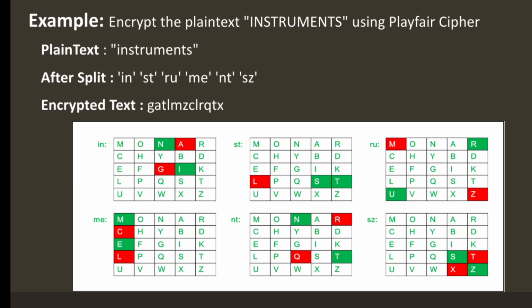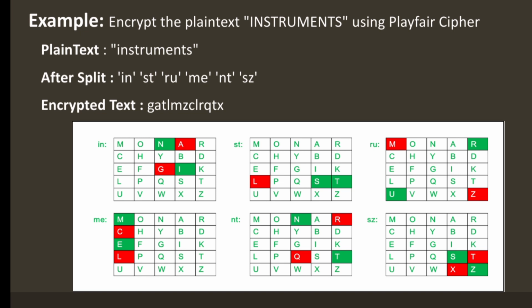So those two are the replacement, or encrypted text, for IN letters. Follow the same procedure for the remaining pairs of alphabets. Then finally we will get the encrypted text as GATL MZ CLR QTX.